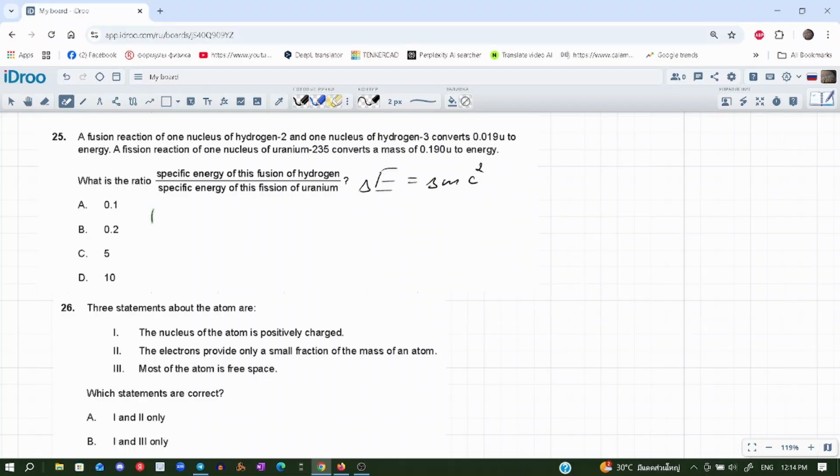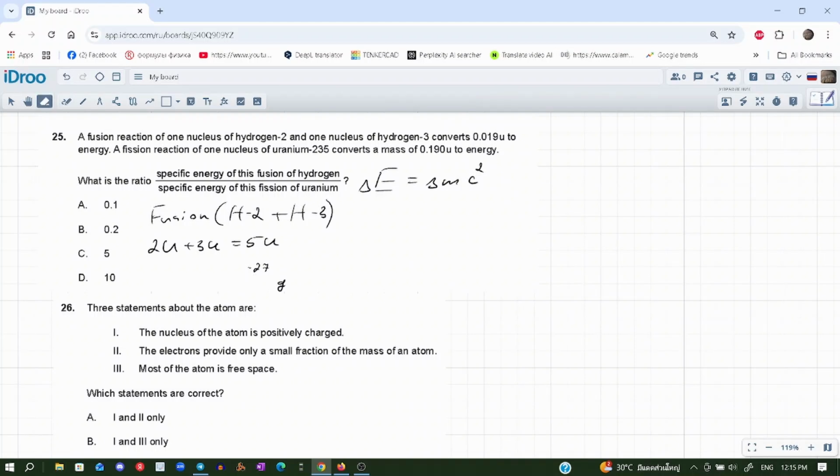For fusion reaction, we have H2, hydrogen 2, plus H3, hydrogen 3. So the total mass is 5U. What is U? U, this is the atomic unit of mass, which equals approximately, as I remember, 1.66 times 10 to the minus 27 kilograms, if I remember correctly.